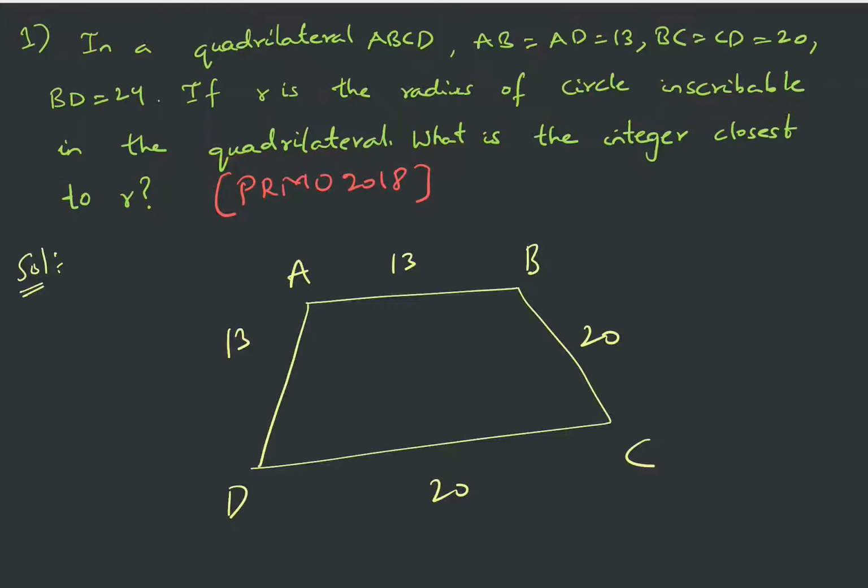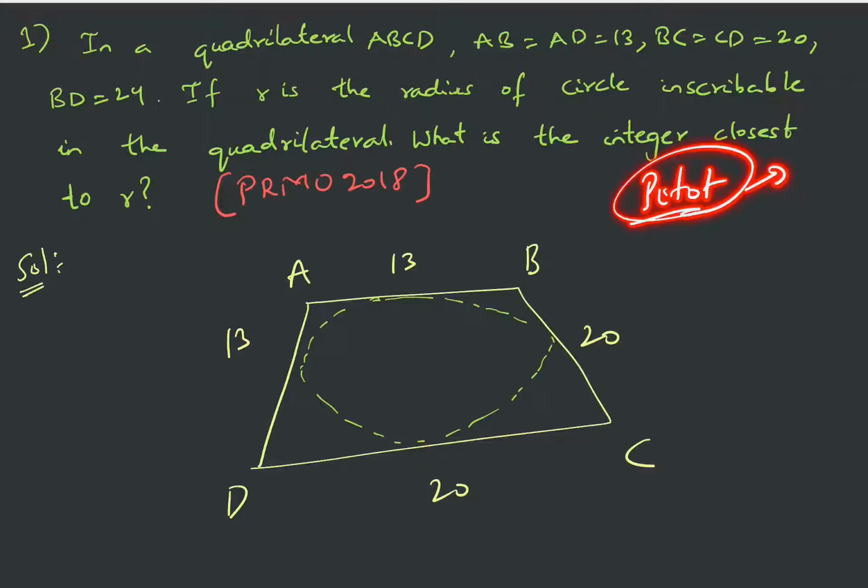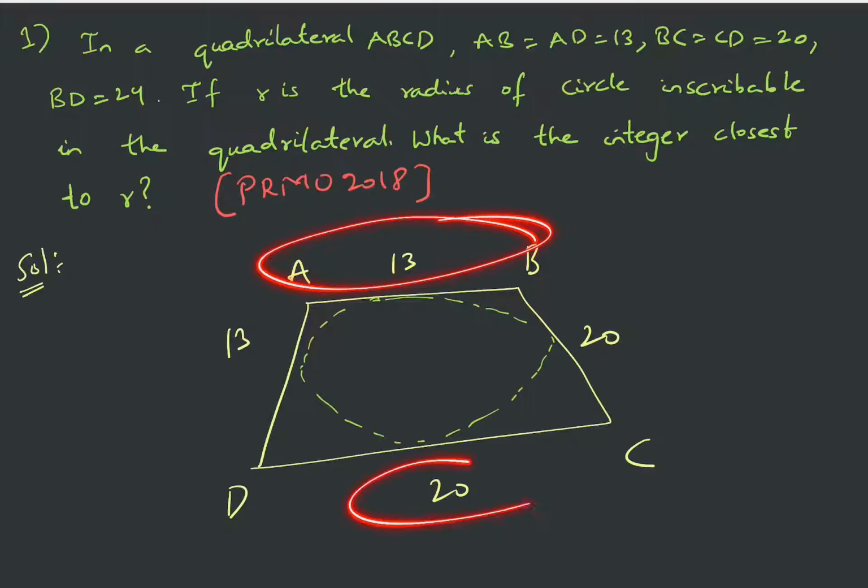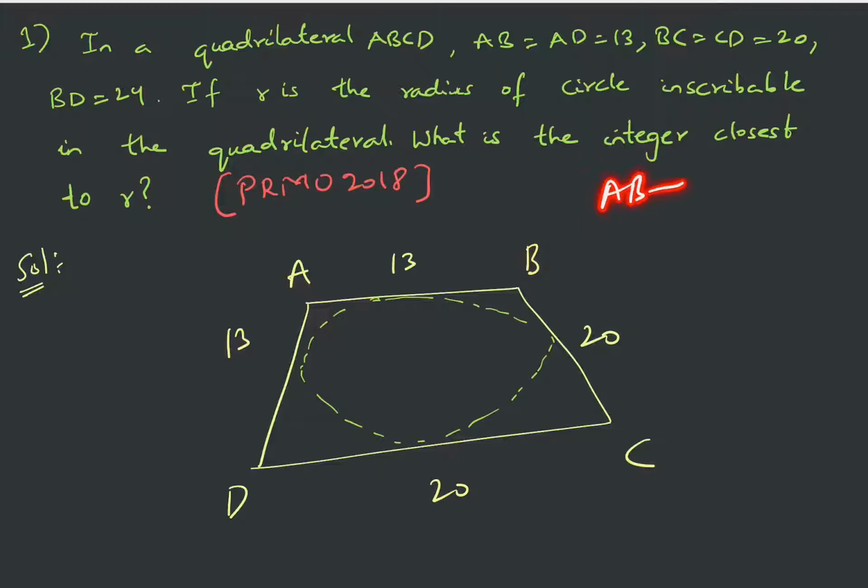What do you mean by a circle inscribable in the quadrilateral? It means it is an incircle which touches all the four sides of the quadrilateral, right? So it would be something like this. So this is a tangential quadrilateral, and since you have studied the Pitot theorem, a quadrilateral is tangential if and only if the sum of opposite sides is equal, that is AB plus DC is equal to AD plus BC.